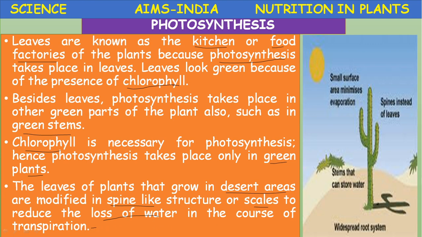For example cacti or cactus, these plants live in the desert where the conditions are very hot, in water scarce areas, so they reduce a process called transpiration.